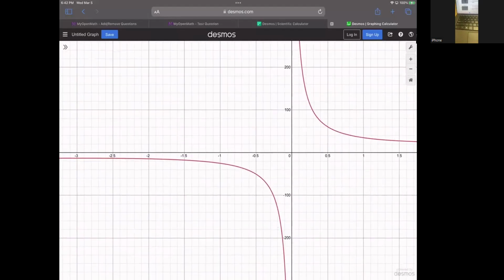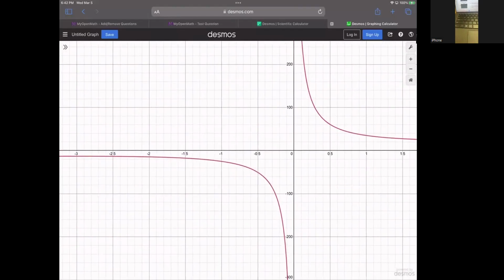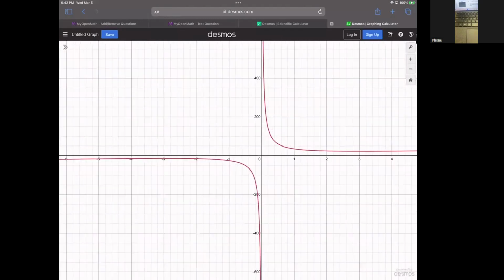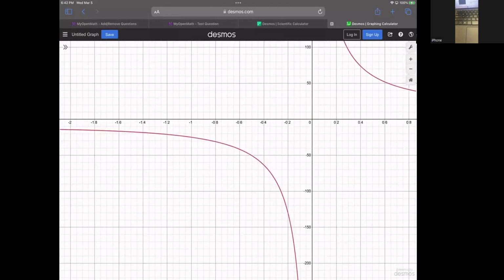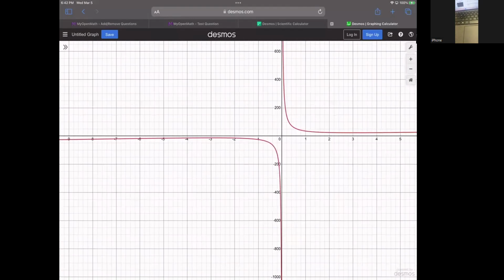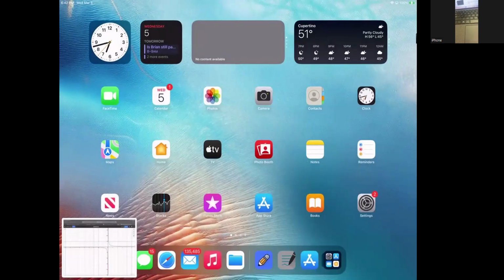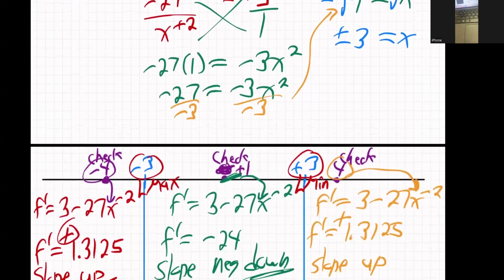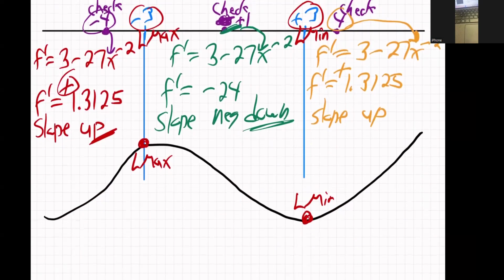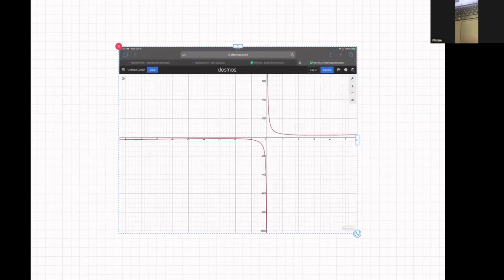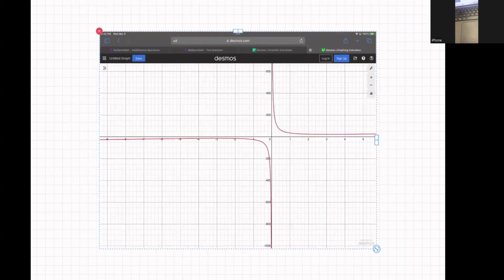Let me help. There we go. Now we're seeing it better. Here, I'll just copy it right there. So here's the graph. This one turns out to be a little more tricky. It's still generally doing what we thought, but that part in the middle we didn't know about. Let me help you see it here.